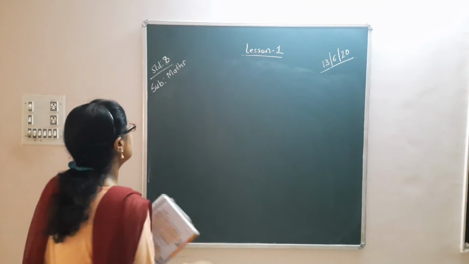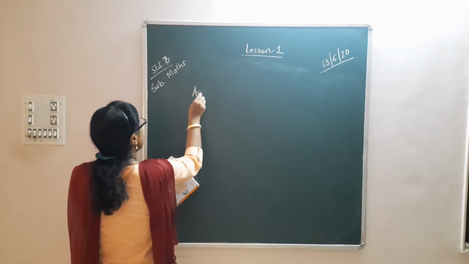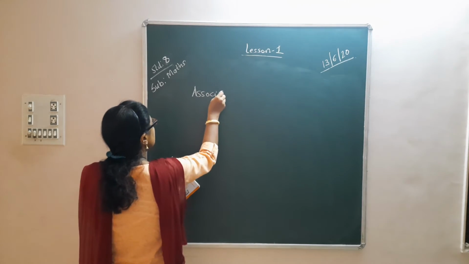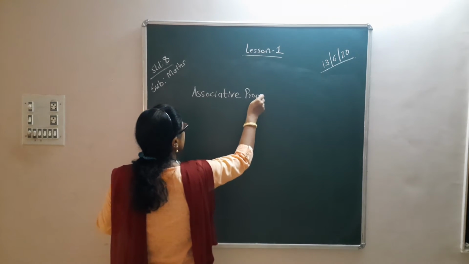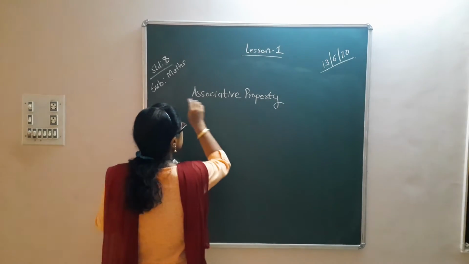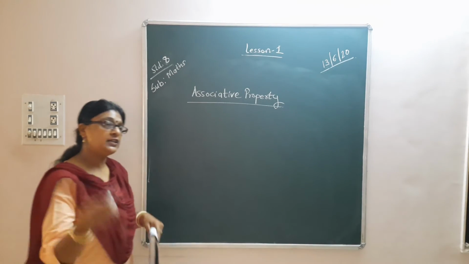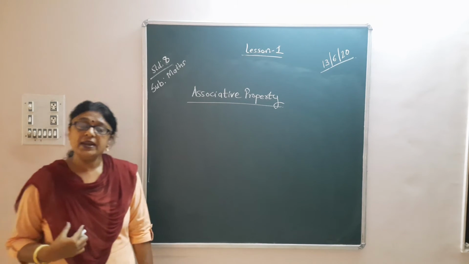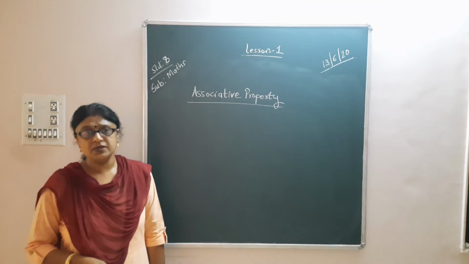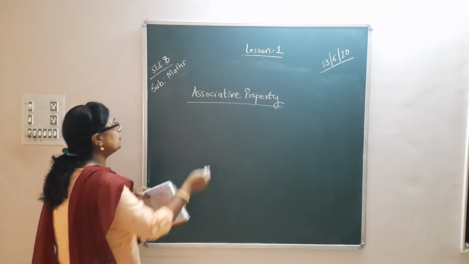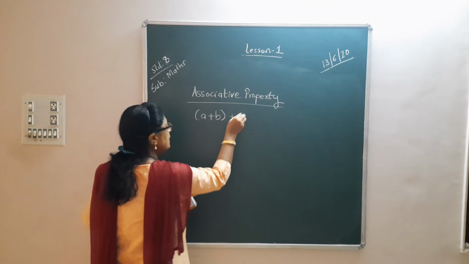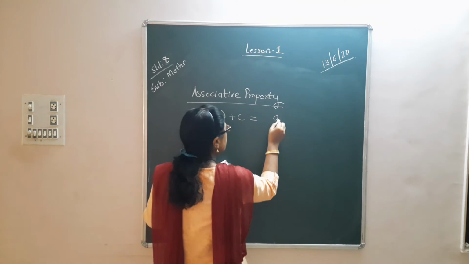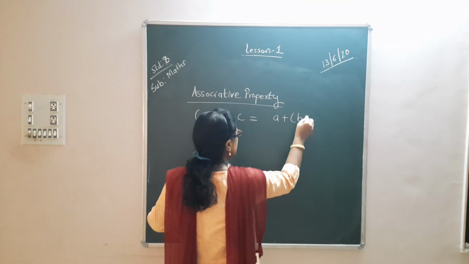Okay, now is associative property. I will just write the general form. Associative property means when any three numbers are given and when you group them, suppose I do (a plus b) plus c is equal to a plus (b plus c).